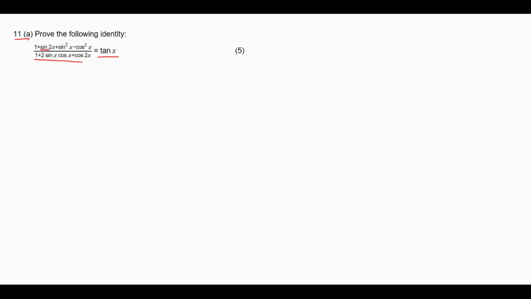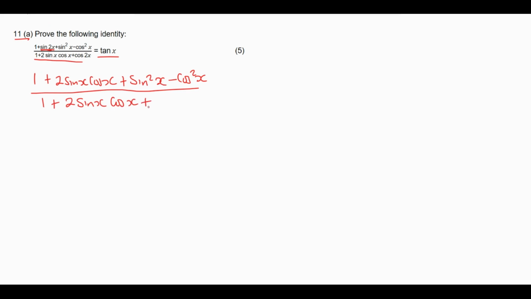We can start with the left-hand side, the one which looks more complicated. So we can change sine 2x. Remember the double angle formula. Let's do that, and then we change that to 1 plus 2 sine x cos x, plus sine squared x minus cos squared x, all this over 1 plus 2 sine x cos x plus cos 2x, which is also a double angle formula.